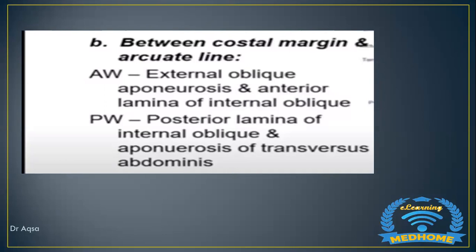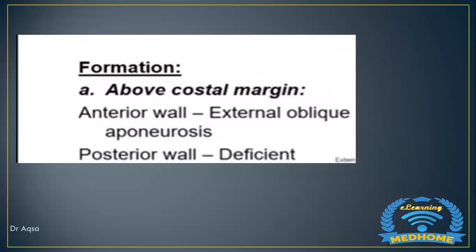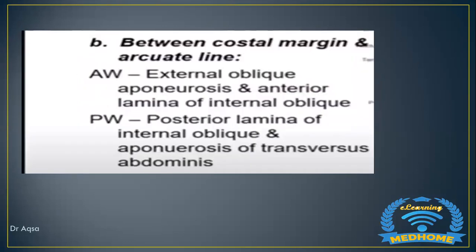So now you can see the difference: above the costal margin, the posterior wall is deficient. But in between the costal margin and the arcuate line, the rectus sheath posteriorly is also present. And how is it formed? It is formed by the aponeurosis of the transverse abdominis muscle and the posterior lamina of the internal oblique muscle.